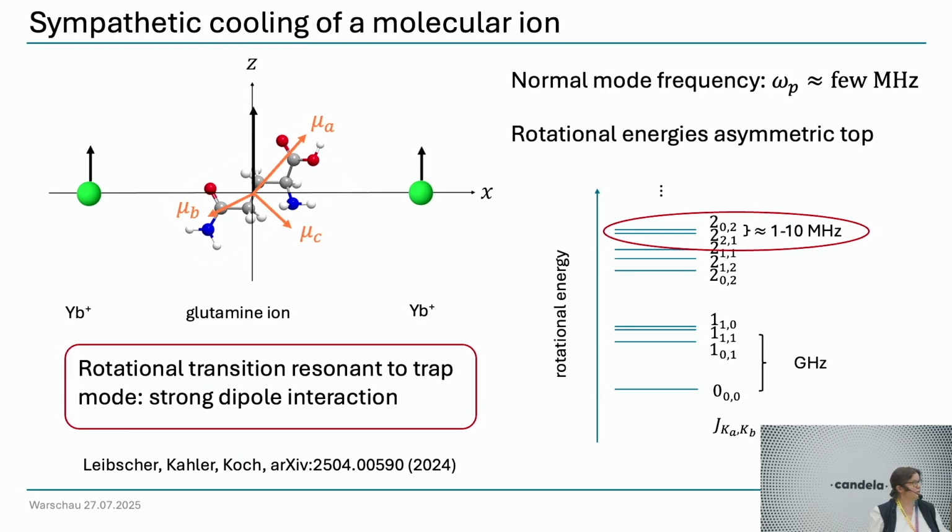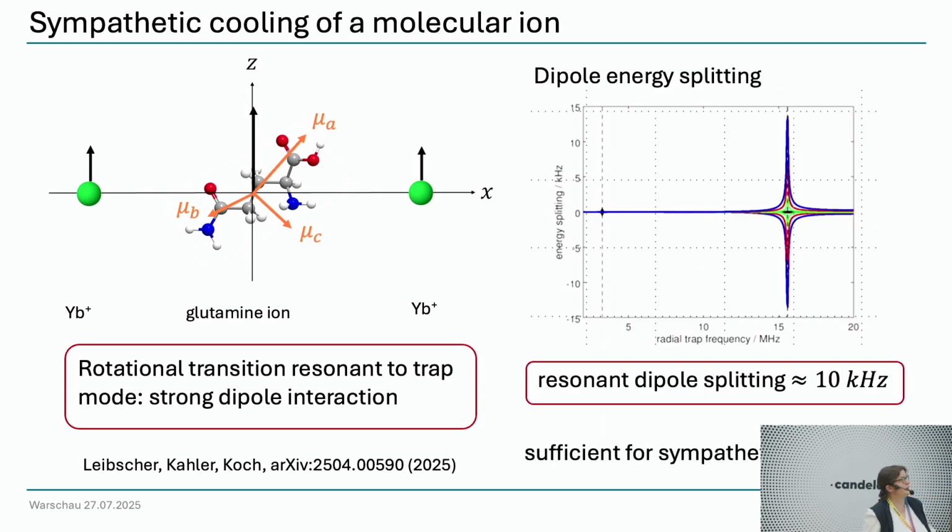There are a lot of gigahertz transitions, but there are also sets of closely lying rotational states that are spaced by several megahertz. We calculated the corresponding dipole coupling, and it turns out that we see a splitting of the energy levels due to the resonant dipole coupling that is on the order of 10 kilohertz.